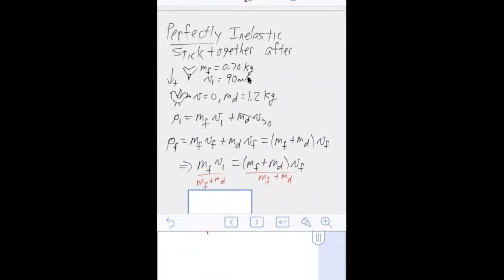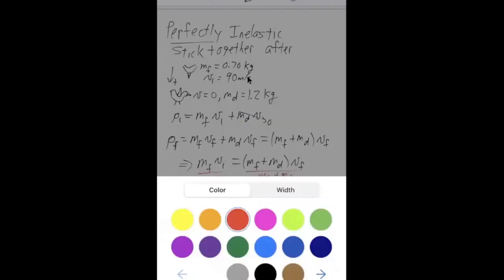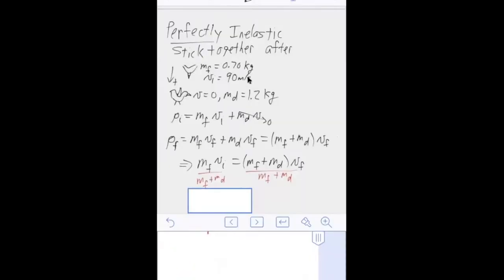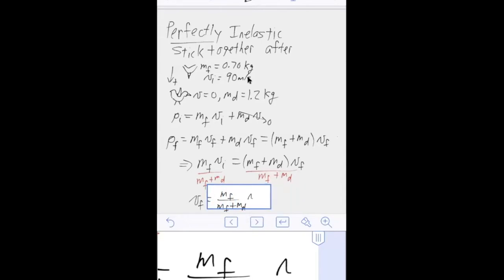And so that gives me that V final is equal to m_f over m_f plus m_d, all times V initial.